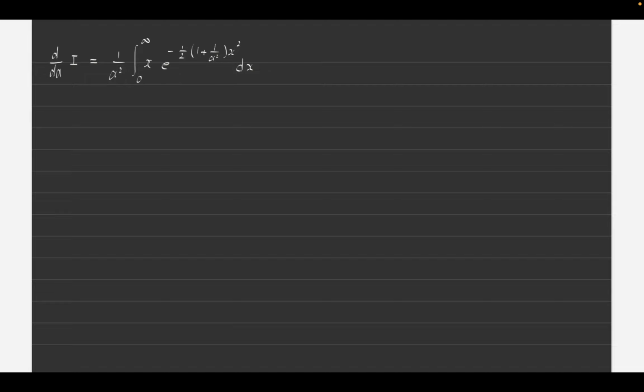Okay, this is what we got, but now, because of the presence of this x, this integral can indeed be calculated. Yes? So for example, let me introduce a new variable.